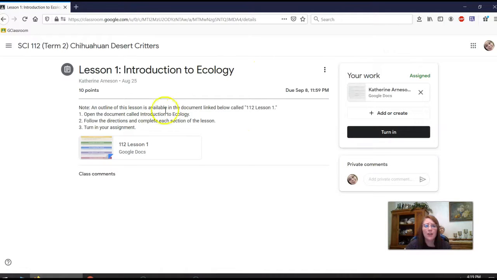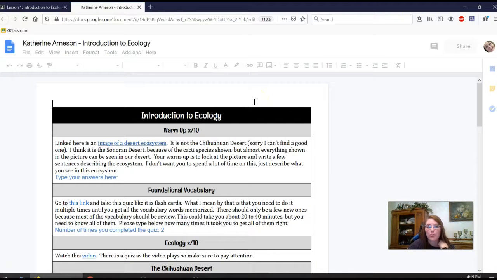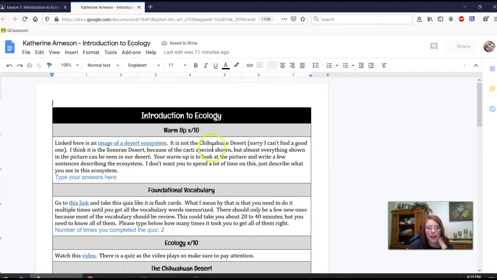The other thing, some documents are going to be down here, but the documents that you are going to type in are going to be in this corner, and you're going to click on them and it'll open it. This is a document that I made, but now it's available to you. What you're going to do is edit this lesson and it'll save automatically, and then I can see it later on and grade it.